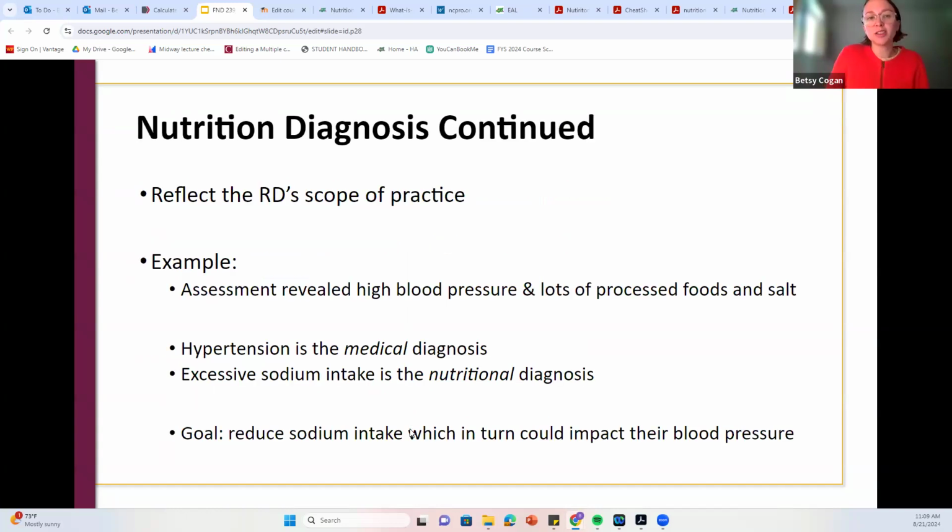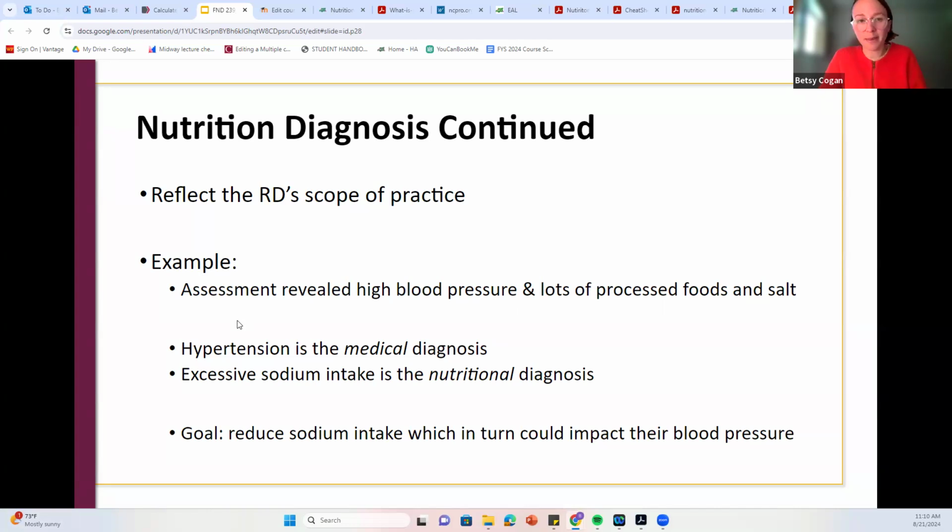So when writing a PES statement, we want to make sure that we are staying within our scope. We're choosing nutrition diagnoses that are truly nutrition related, because, right, with this example, we have assessed a client and they have high blood pressure, and they have identified with us that they consumed processed foods that are high in salt, right? Hypertension is a medical diagnosis.